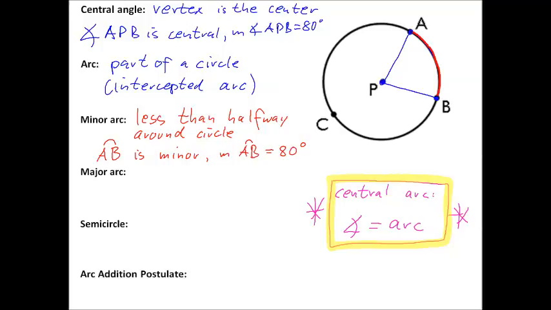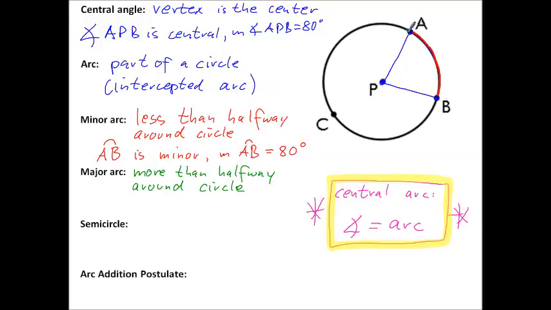Alright, so now let's go back to our arcs. We talked about the minor arc, and then a major arc is an arc that is more than halfway around the circle. In order to make that clear, we usually use not only two letters, but we use three letters to denote the major arc.